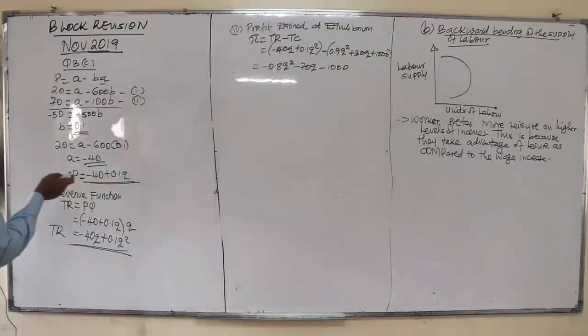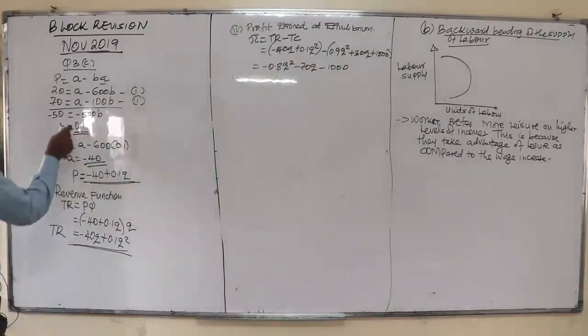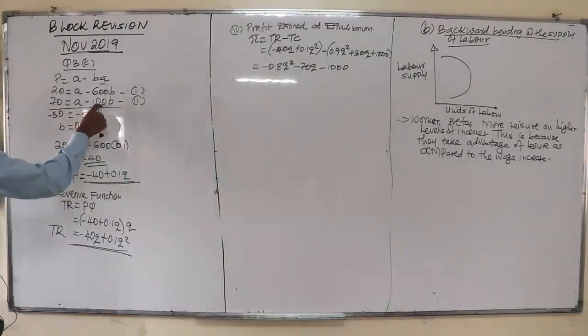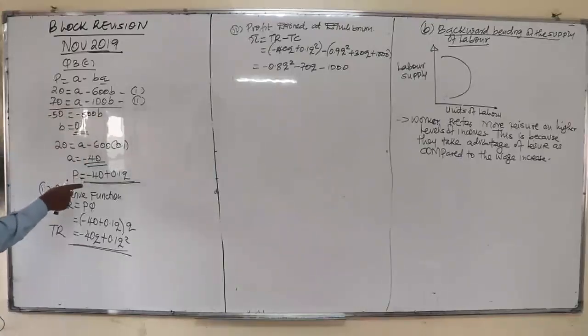Was this one correct? Yes? Was it 80? This is 70, 100 you multiply by 0.1, 10. Is that supposed to be 80? Tell me, for God's sake. 80. Why is it that this one is different then?